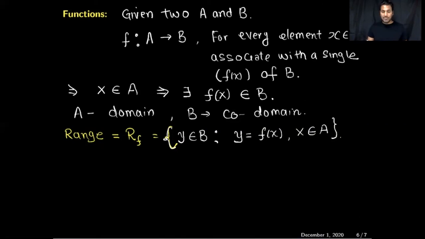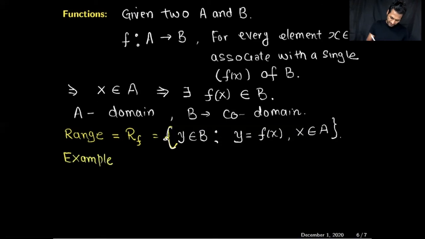All the elements of B which are associated with an element of A will be in the range of the function. Let me give you a few examples of the function.